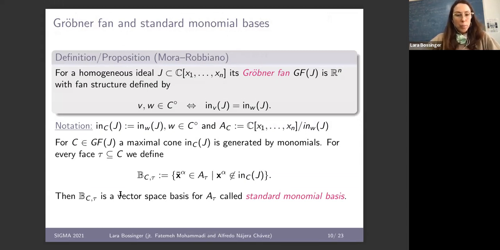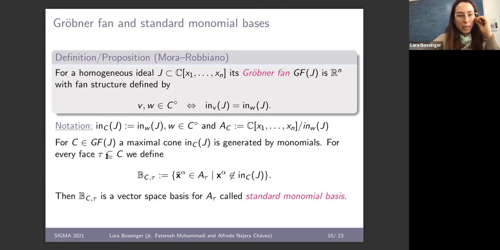Every such maximal cone defines a vector space basis for the algebra itself, whose basis elements are indexed by monomials that are not contained in the monomial ideal. Those bases will be called standard monomial bases.